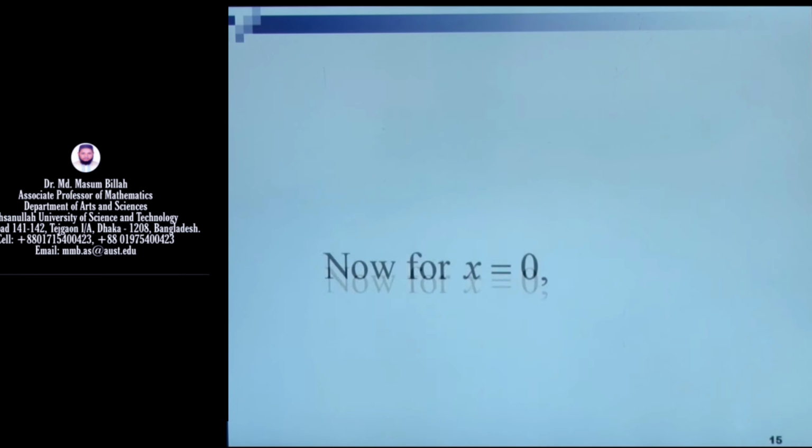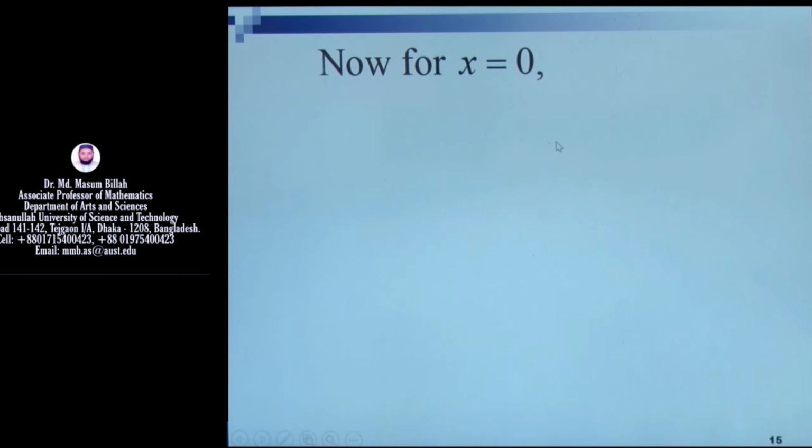At first, for checking x equal to 0, we consider xl equal to minus 0.5, and for the right, xr equal to 0.5. You can consider xl equal to minus 0.3 or minus 0.25 or minus 0.4 or minus 0.6. You can take any one. Here I consider minus 0.5 and xr equal to 0.5.